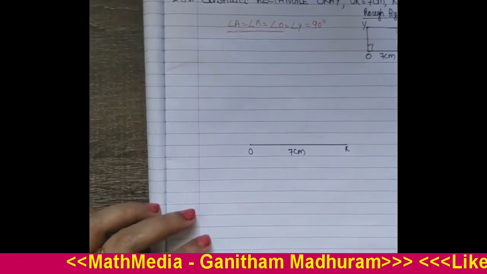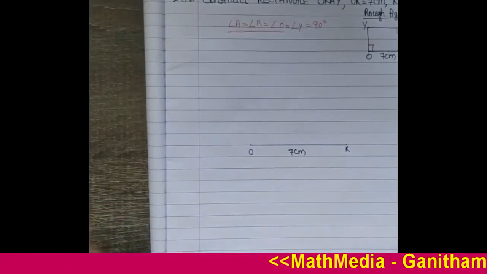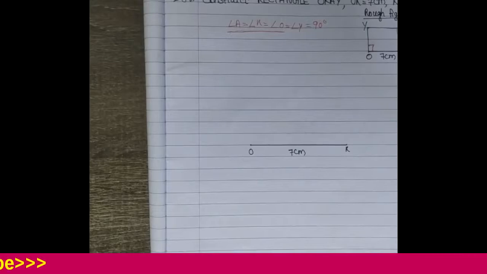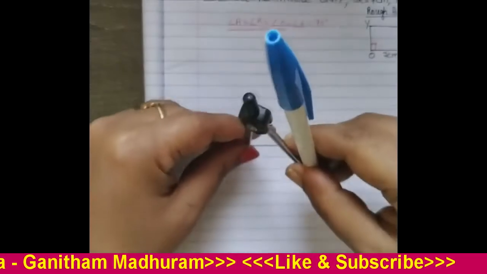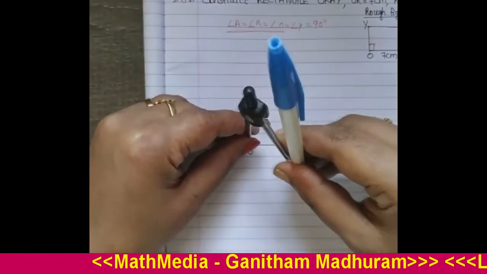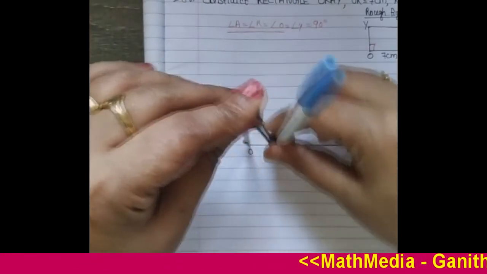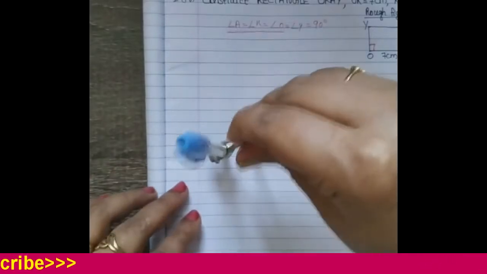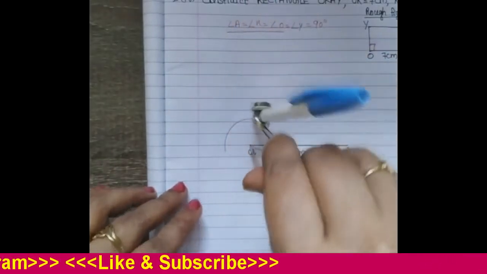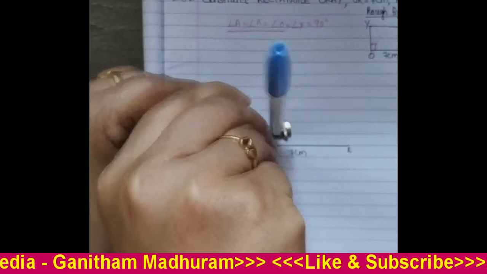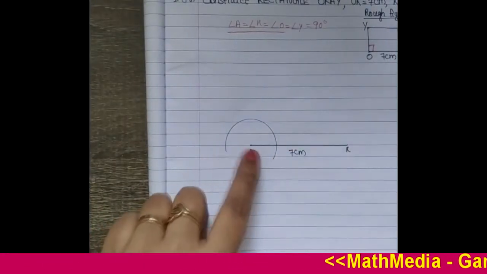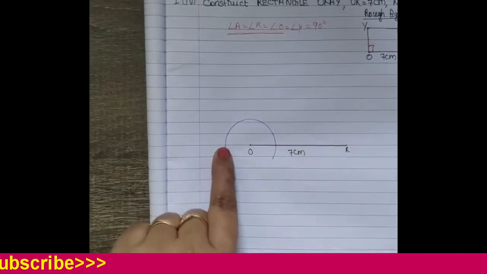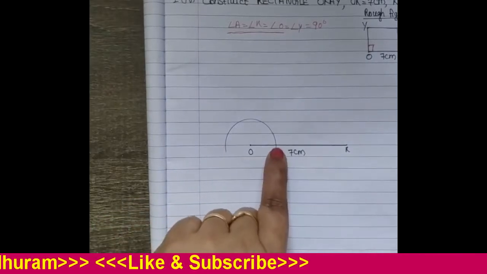Now at O, I have to construct angle 90 degree. With the center O, any convenient radius, I am drawing a semicircle or an arc which intersects both the sides. This line segment, if you are extending, I am getting one point of intersection here and one more here.